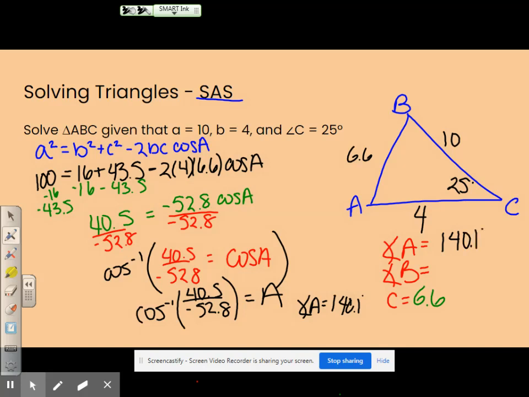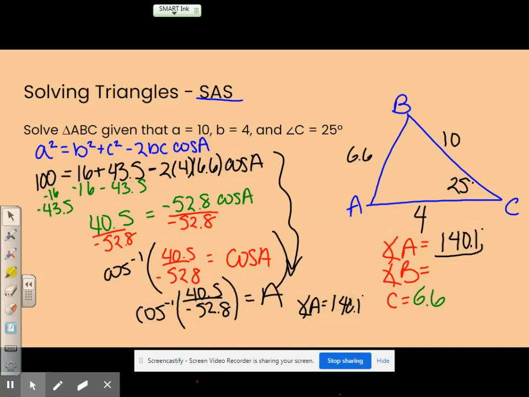Because if I wait until the very, very end and I keep everything in exact terms and then I allow it to estimate and round up, we're going to have a slightly different decimal trail than someone who takes the decimals at the very beginning. But that's okay. I am looking for mostly the whole number, the process, so all of these steps I care about. And from there, if you got a 140.1 degrees, well, I got 140 degrees even.